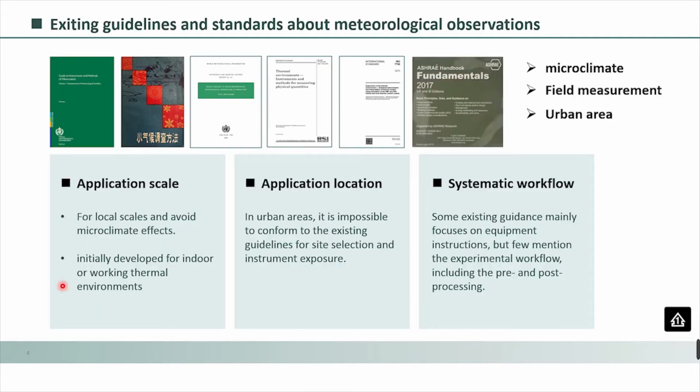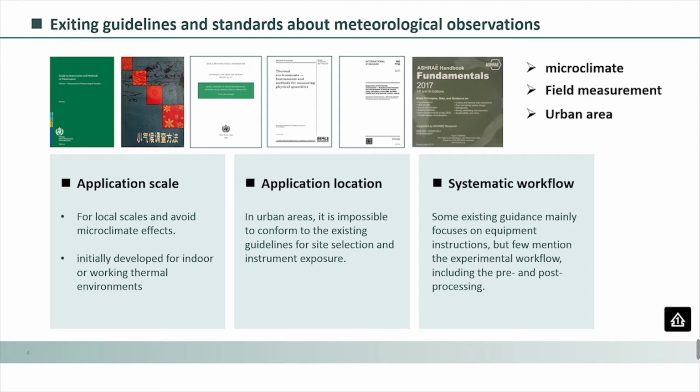And despite existing guidelines and standards about meteorological observation, such as the WMO guidelines and the ISO standards, when it comes to the microclimate field measurement in a complex urban environment, I think there are three issues. First is about the application scale.